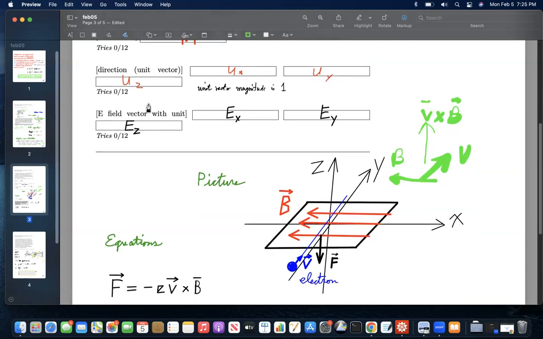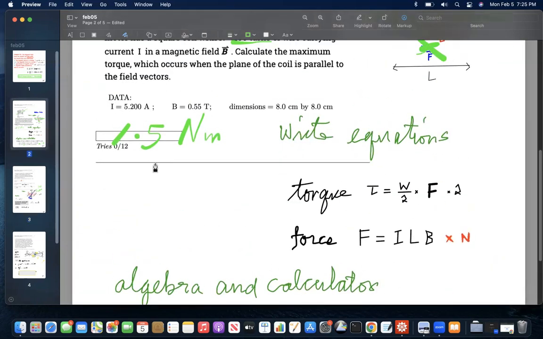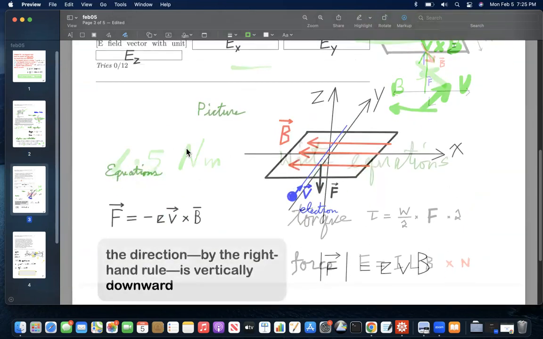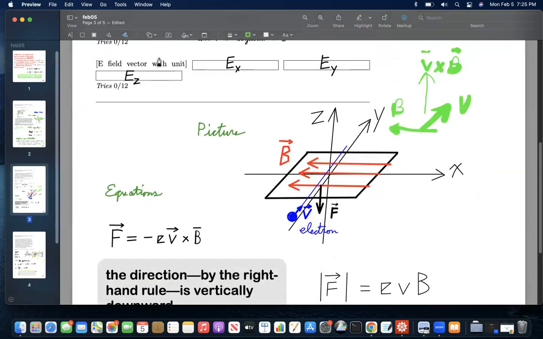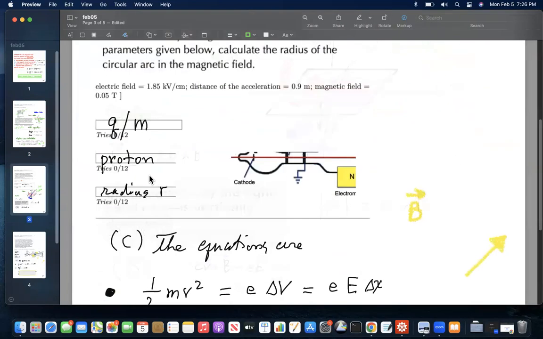And now what's the electric field? I keep doing that. What's the electric field? Well, UX is 0, so EX will be 0. UY is 0, so EY will be 0. UZ is -1, so EZ will be -1 times EVB.